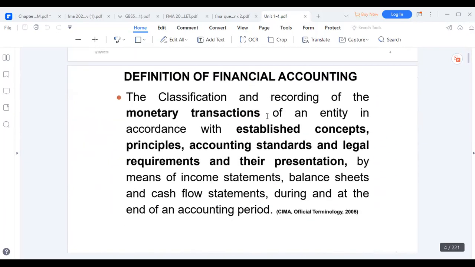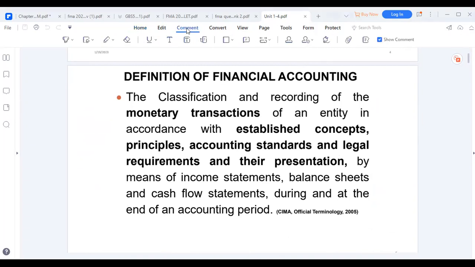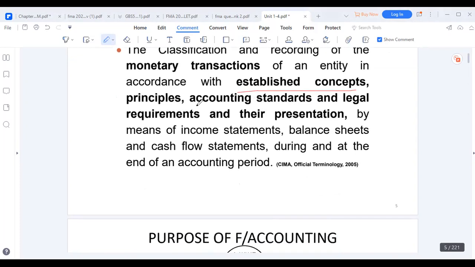Then look at the definition of financial accounting, just a classification, and also the recording of transactions in monetary terms of any entity in accordance with the established concepts or the principles of accounting standards and legal requirements, and their presentation.